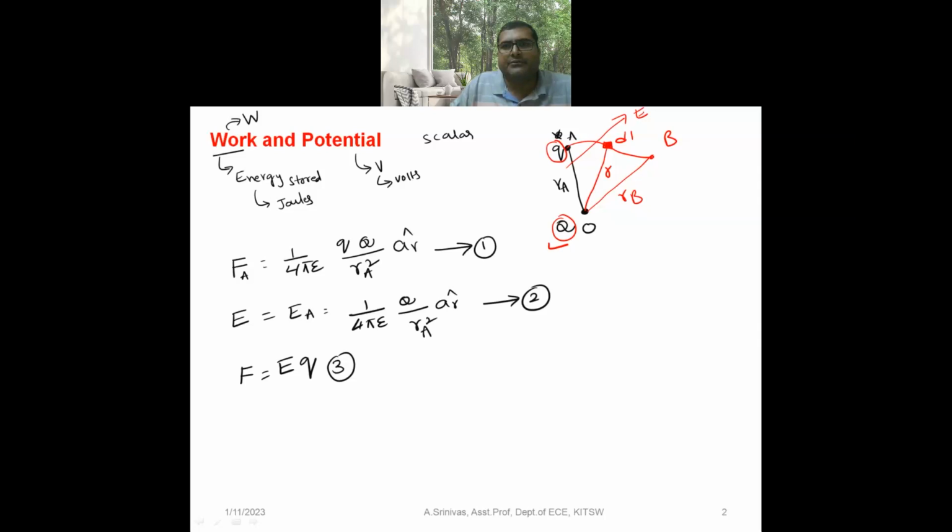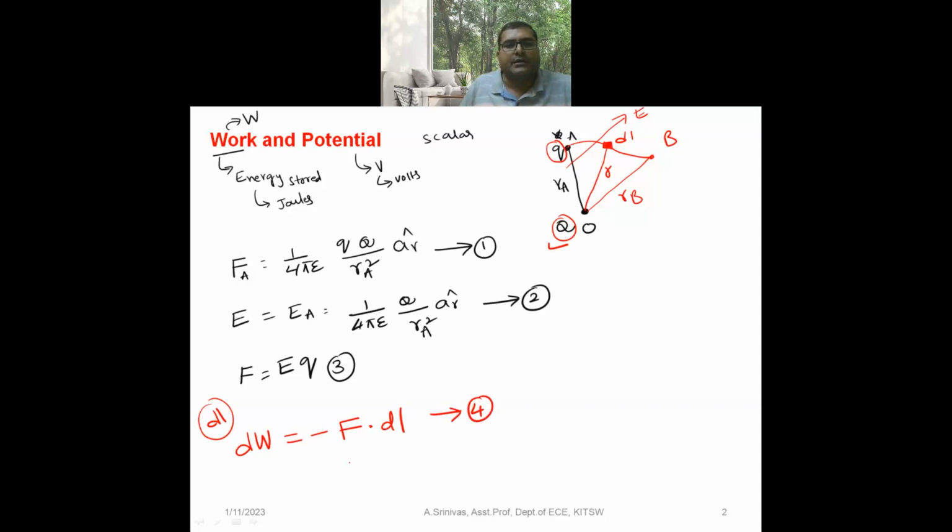With the presence of the electric field, we are supposed to move the small q charge from point A to point B. For that, the differential work done in moving the charge by the length of dl, the work done dW is equal to minus F dot dl.